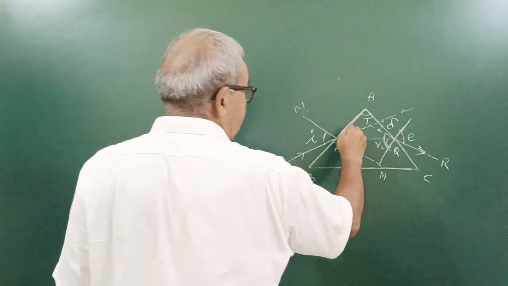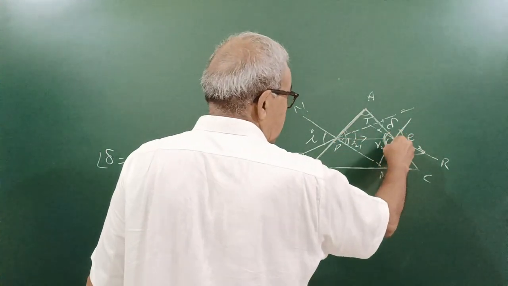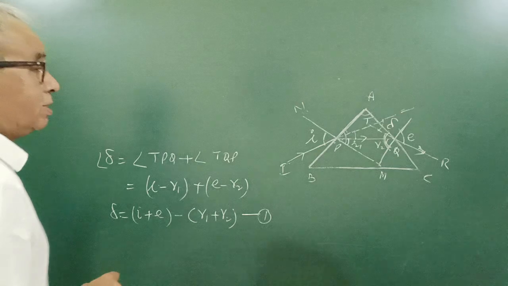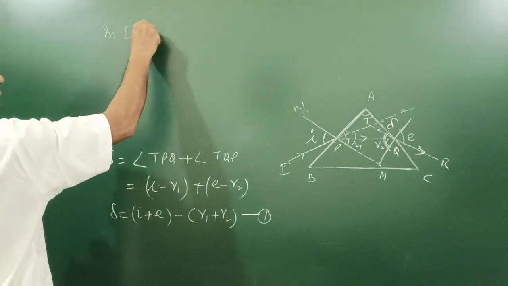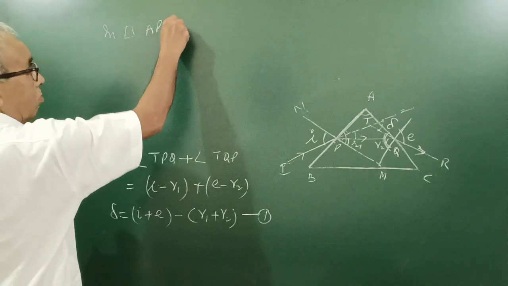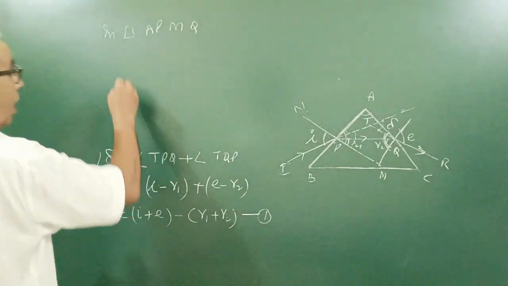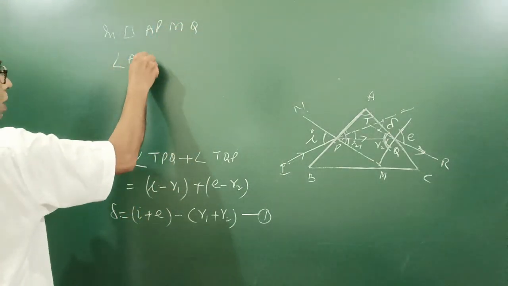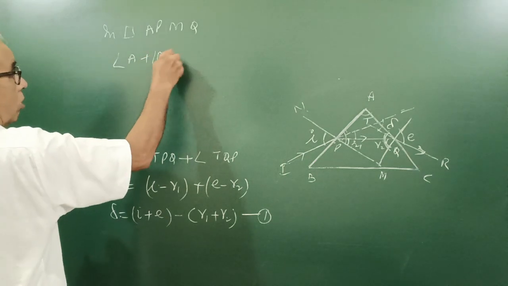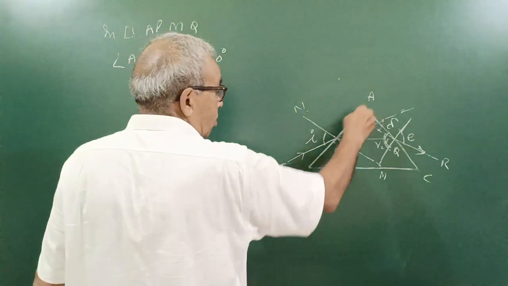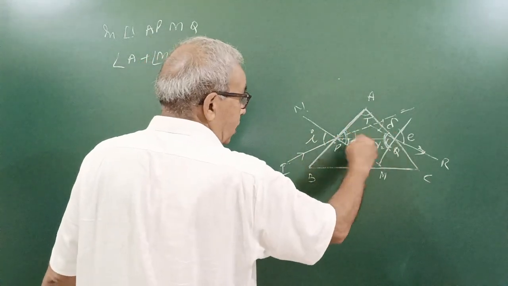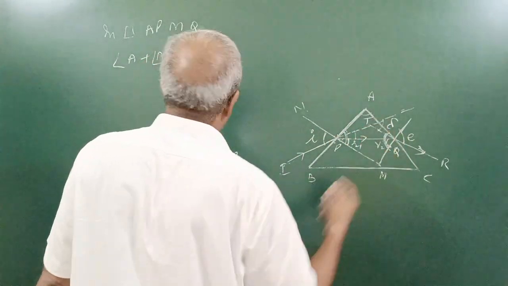Why? Because this angle is 90, this is 90, so the remaining angles sum to 180. In quadrilateral APMQ, angle A plus M is equal to 180 degrees. Because the sum is 360, this 90, 90. Okay?